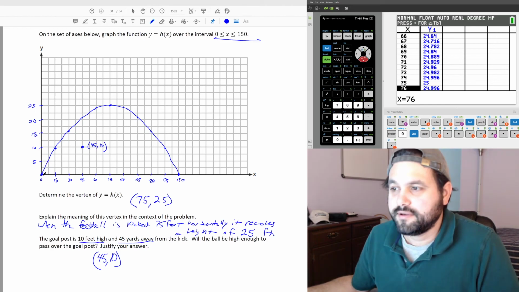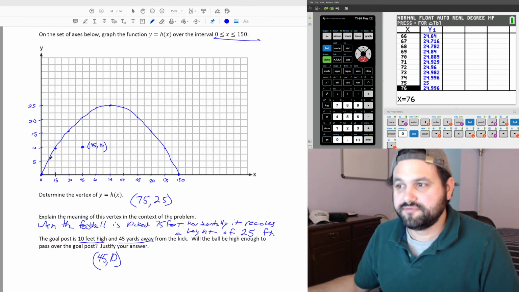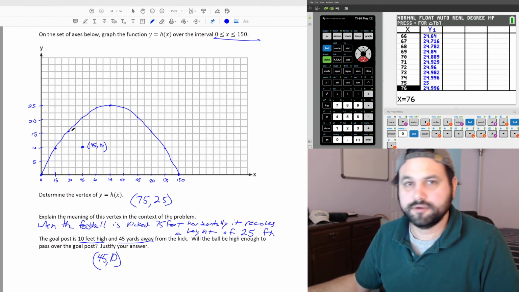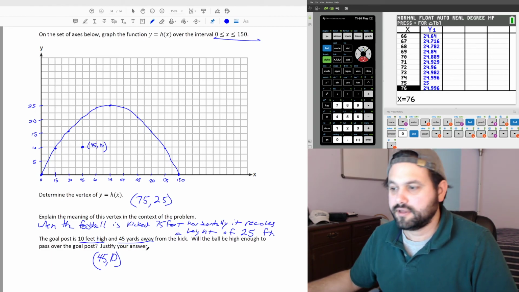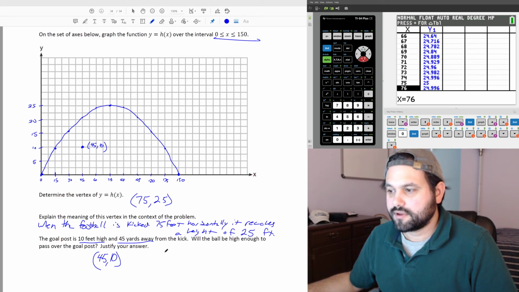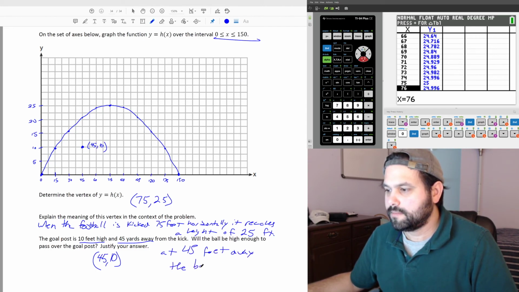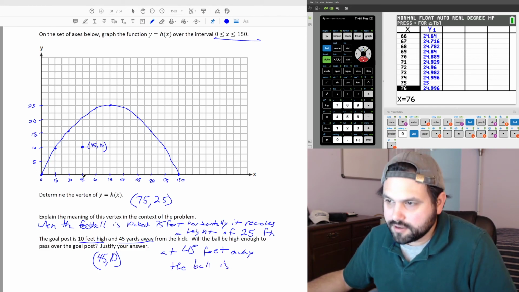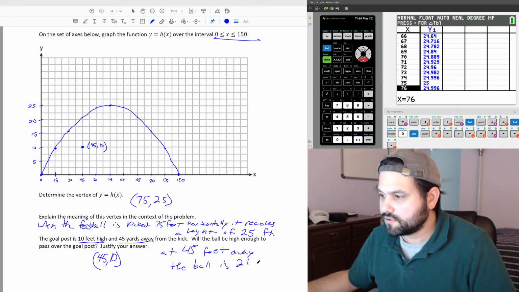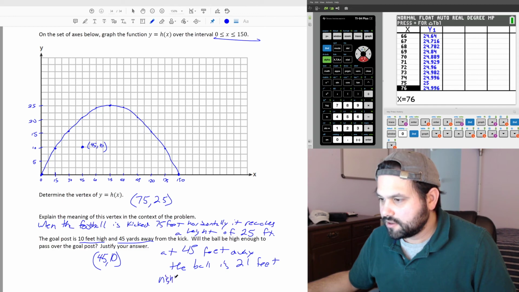So there's the goalpost. Does the kicker clear the goalpost? Is the football high enough to pass the goalpost? Justify our answer. Well, at 45 feet away, if I look at 45, the ball is all the way up here at 21 feet high.